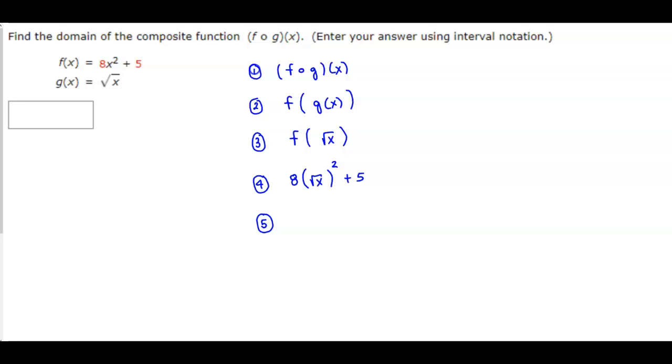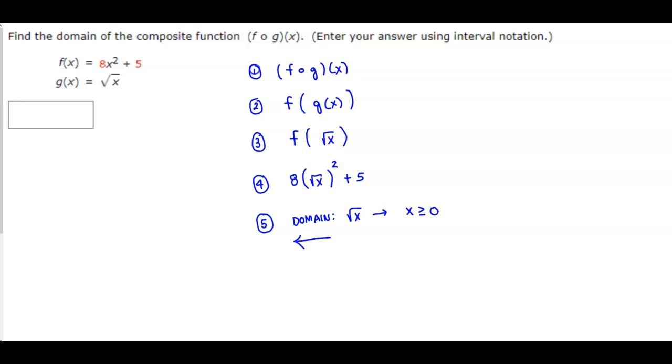And so now, before we square, we need to find the domain of this function. The domain tells us that we have the square root of x. And so what that tells us is that x must be greater than or equal to 0.